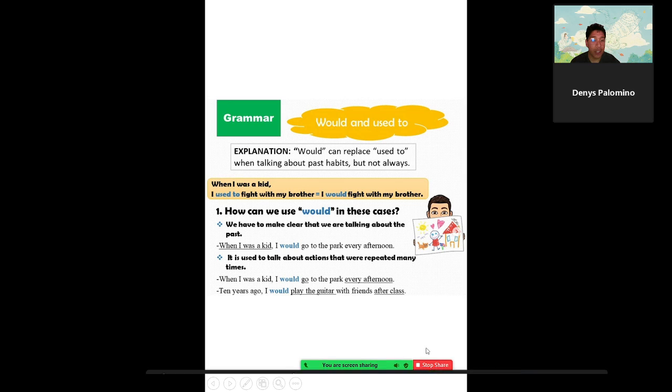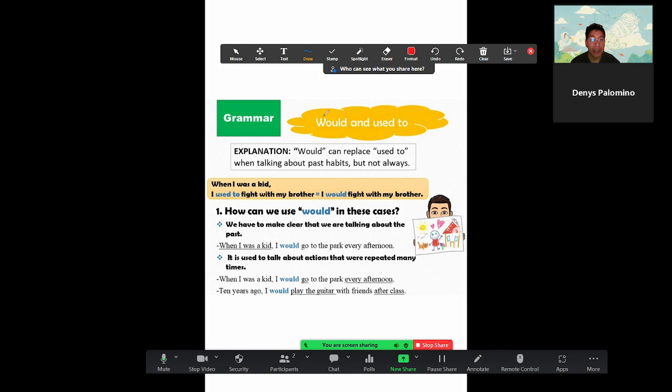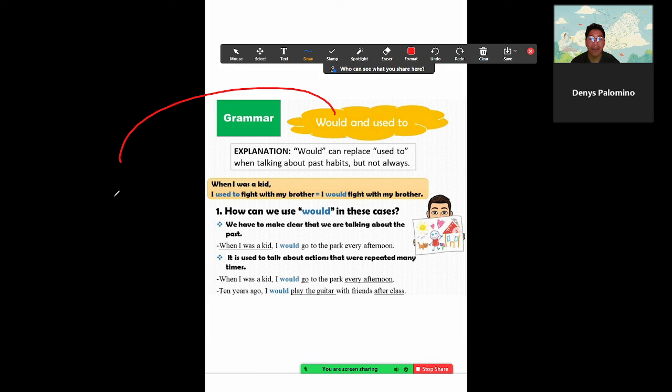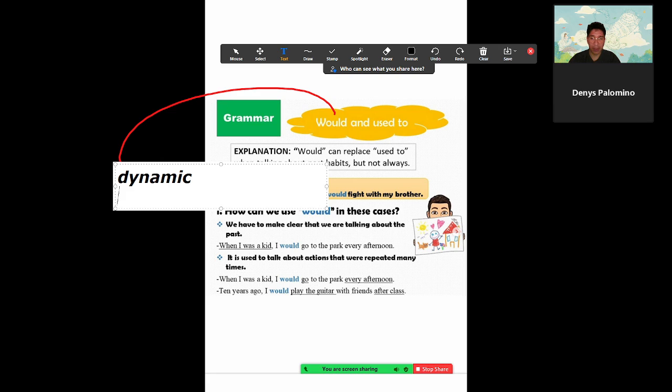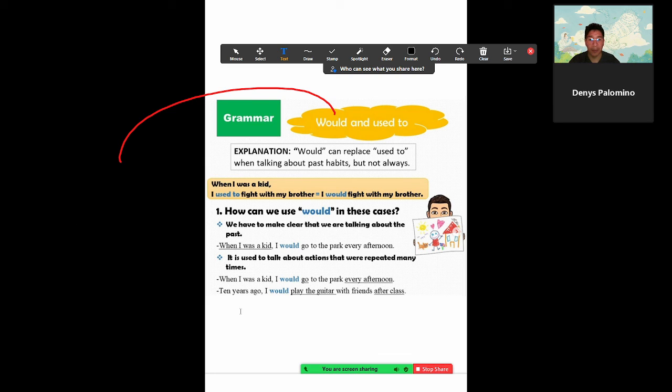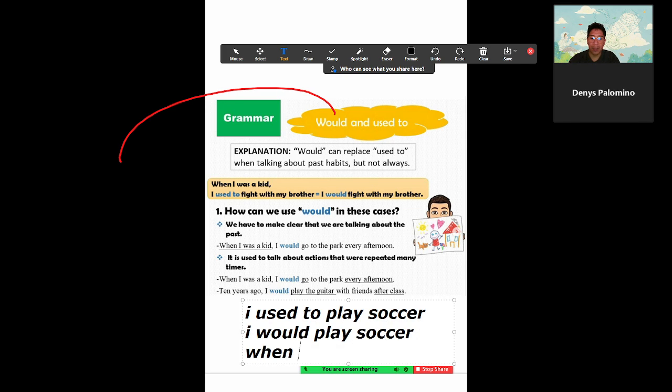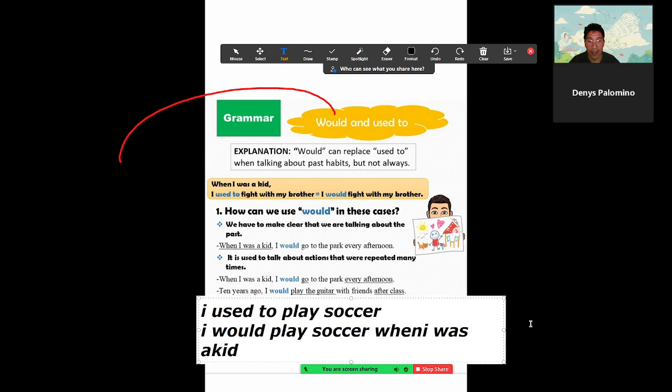But remember, you only use el would with dynamic or active verbs. For example, you can say, I used to play soccer, or I would play when I was a kid. Okay? Porque play is dynamic.